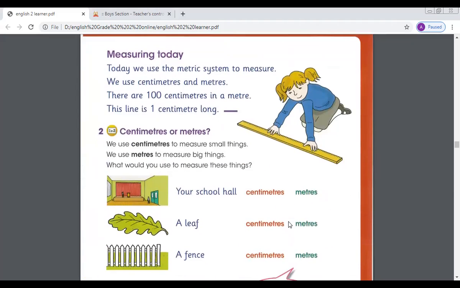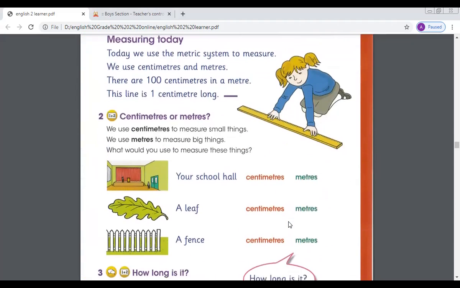And next, right now, we use a scale, a ruler, and a meter rod. We also have many other instruments that we use to measure length. Now we have different units that we use to measure length.